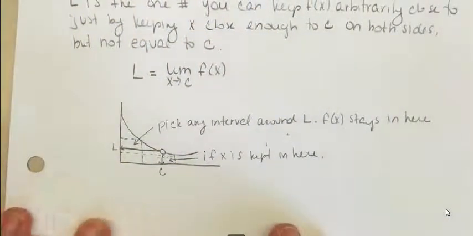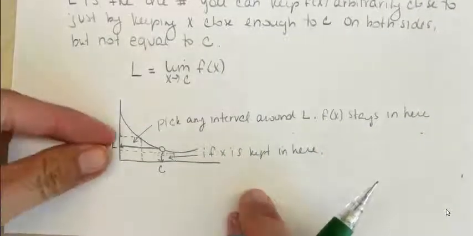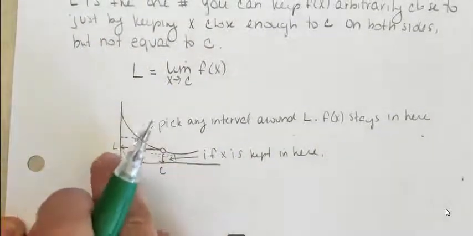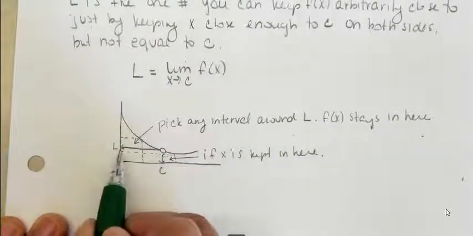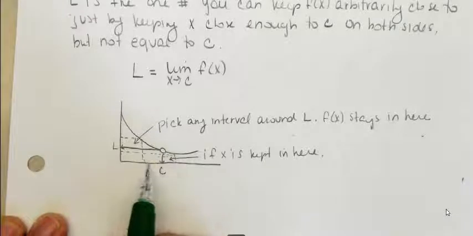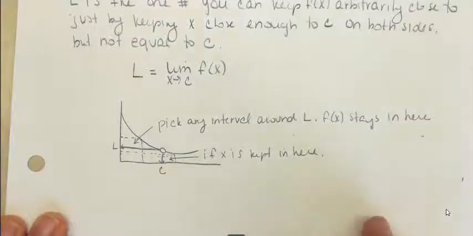That's probably a little bit more complicated than we need to worry about right now, but you can see that there's this interval around L and there's this interval around c. So if I pick any number in this interval close to this limit, I'm going to be somewhere close to c. Maybe my drawing is not so close to c, but there's a better drawing in the book.